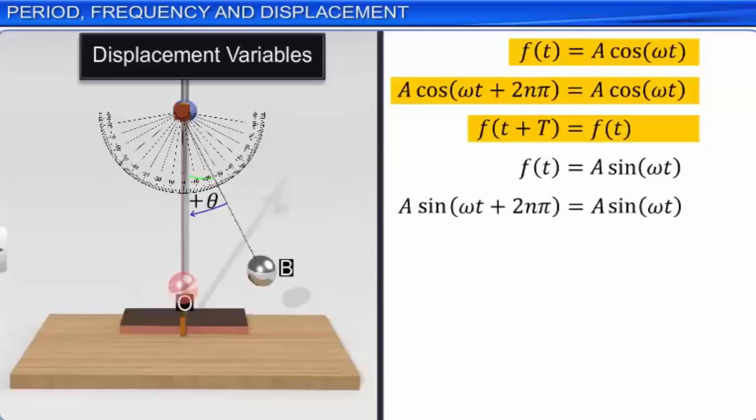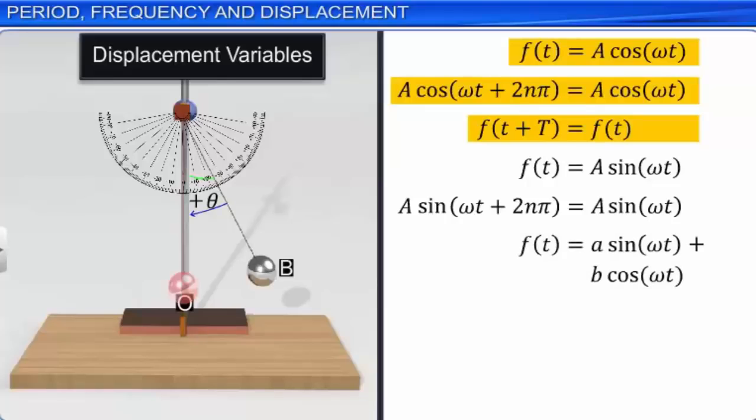A linear combination of two periodic functions is also periodic. For example, a periodic function can also be of the form f(t) = A sin ωt + B cos ωt, with A and B constants.